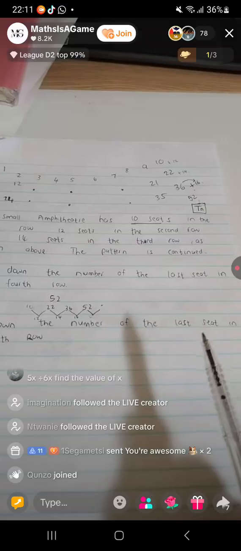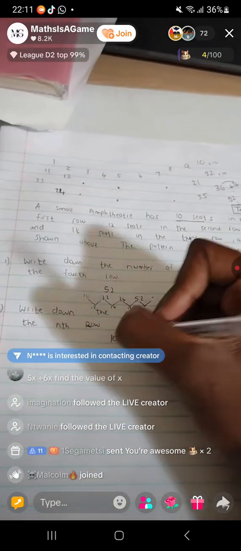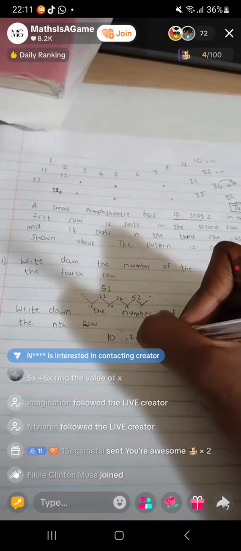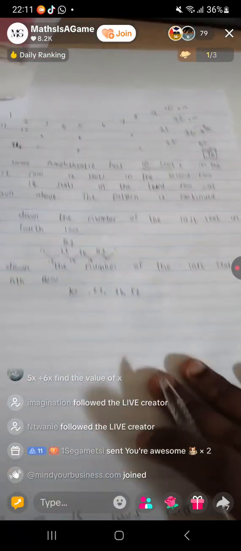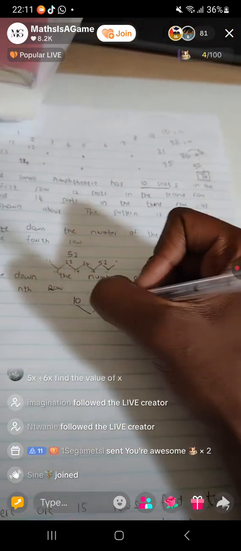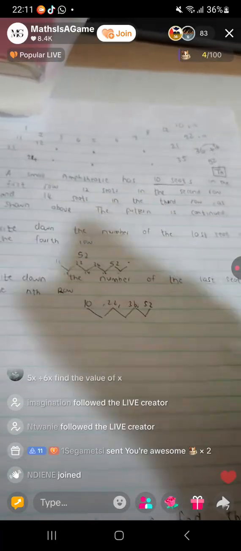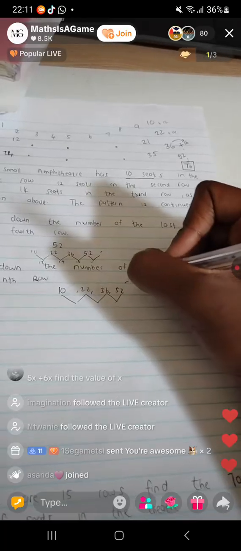Okay. So we are going to then take 10, 22, 36, and 52 and find Tn of this sequence. So as I said to you here, guys, we are dealing with what type of sequence here? As I said, we are dealing with a quadratic sequence.